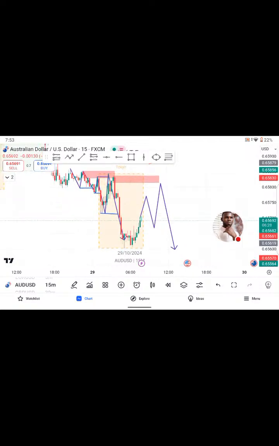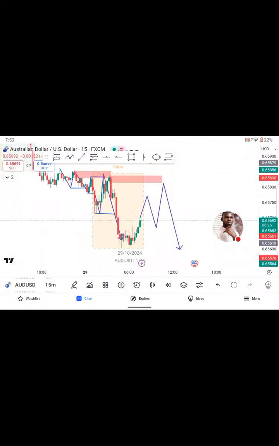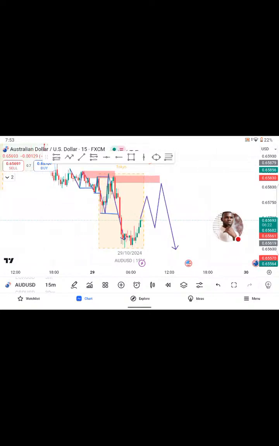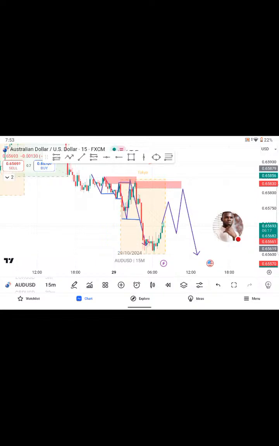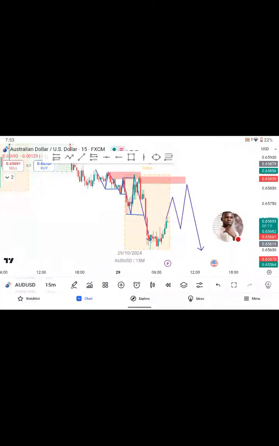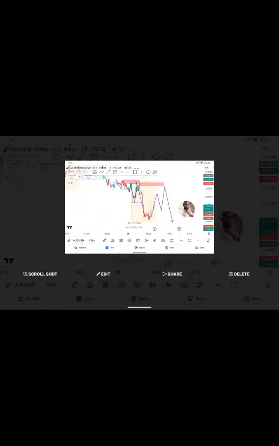I already have the setup, it only remains an inducement to be found. So if I can have an engineered liquidity, then I'll be selling on AUD USD. So I will keep an eye on that.